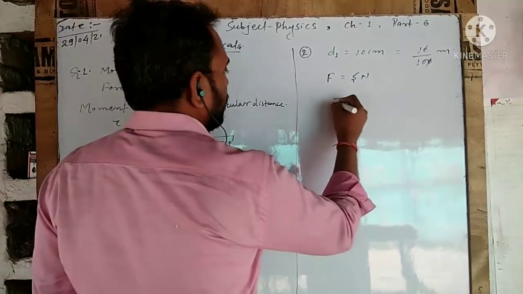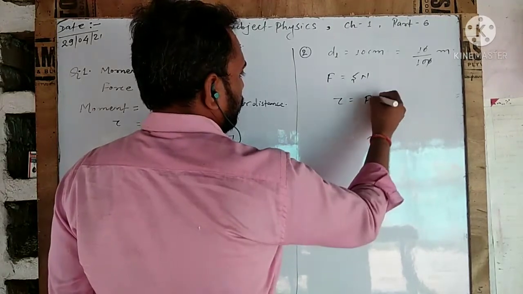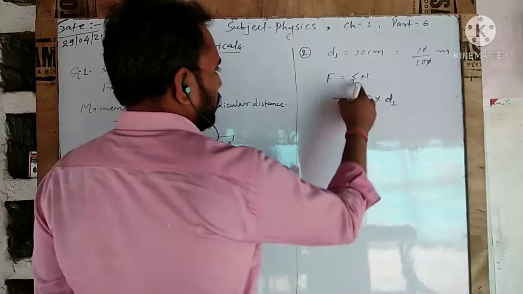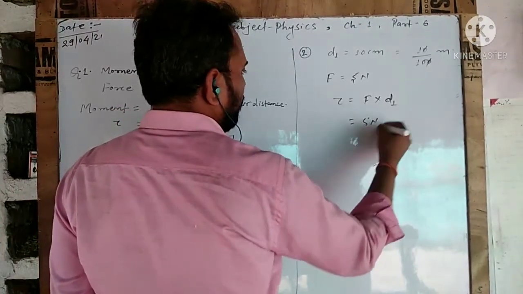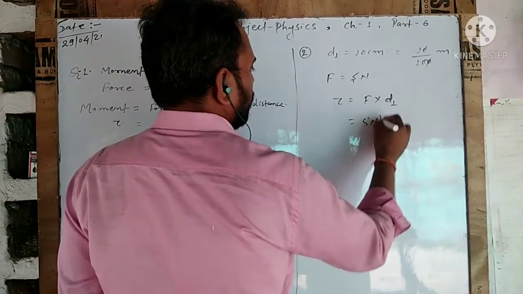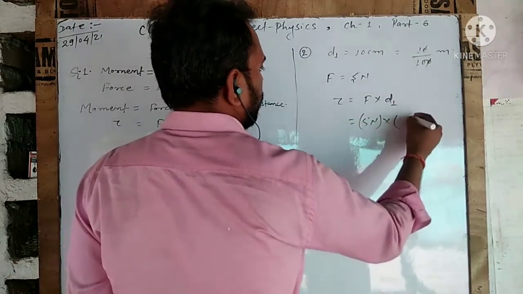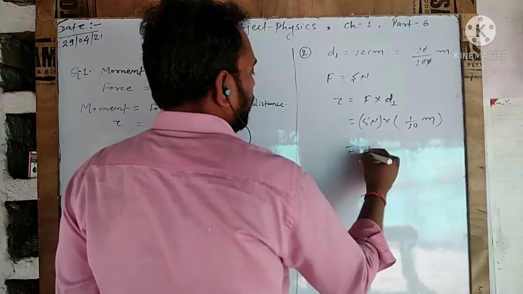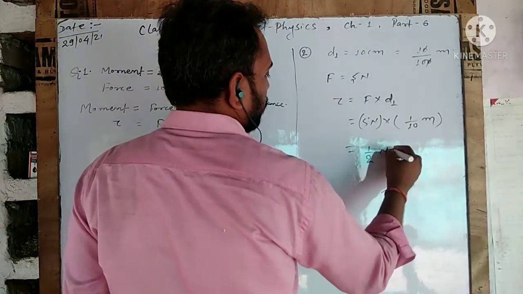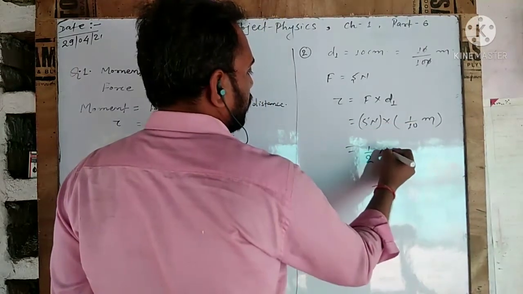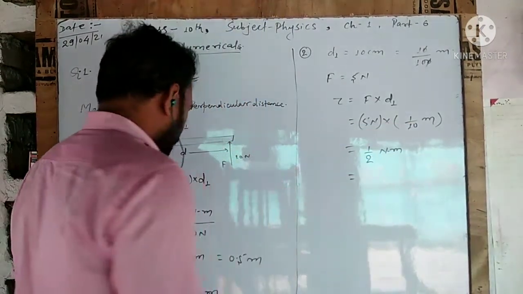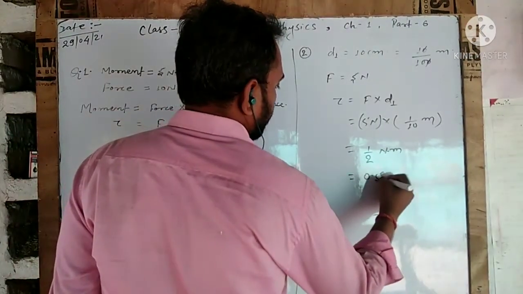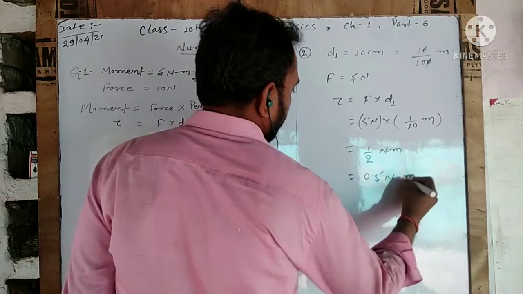So moment equals 5 Newton into 1/10 meter. This will come to 1/2 Newton meter, which is equal to 0.5 Newton meter.